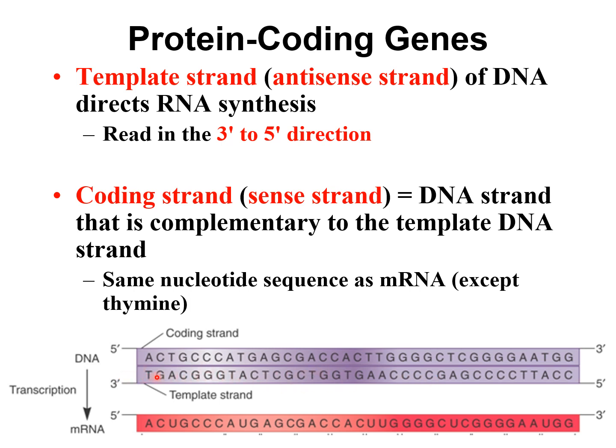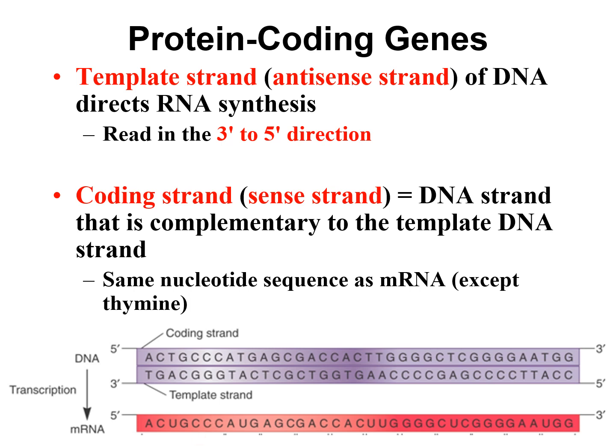So we're always reading 3 to 5 prime. And then the other strand that we're not using, they call it the coding strand, which I think is kind of confusing. So we'll just ignore the coding strand because we're not going to be using it. We're just going to be using this template strand, and that's the one we're going to transcribe to make the messenger RNA.